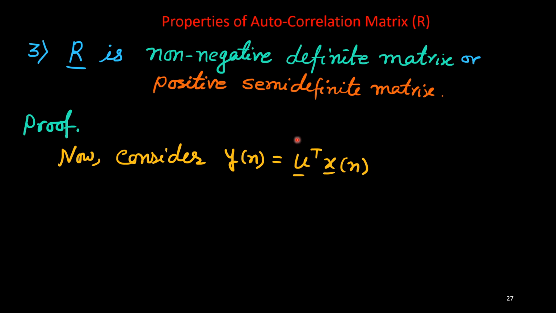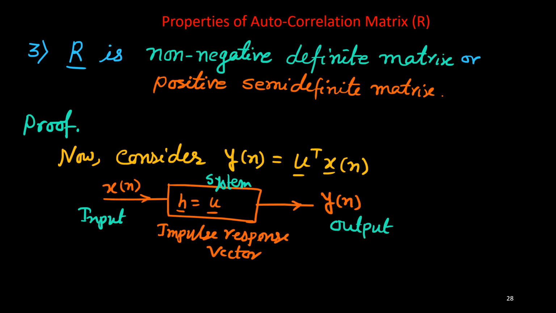So this type of equation we have already obtained, y(n) equals u transpose x(n). We can realize this from a signal and system point of view, where x(n) is the input sequence, the output sequence is y(n), and u is the impulse response. So we can consider x(n) as the input sequence and one system with the impulse response u. This is a vector, the sequence vector.